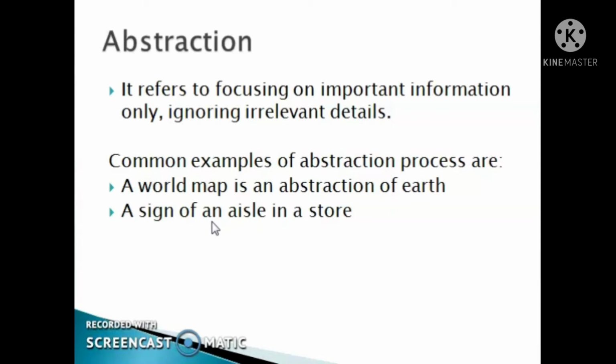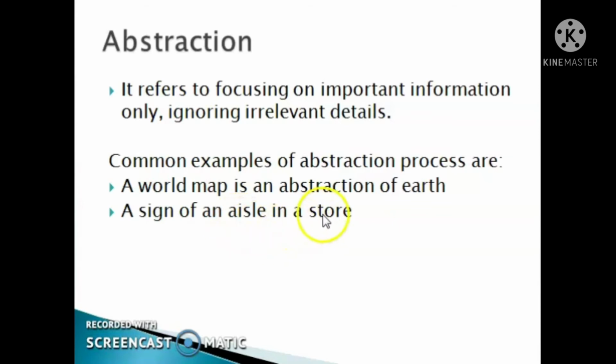So, what is this important information that we need to focus on? In abstraction, the focus is mainly on general characteristics that are common to each element instead of specific details.